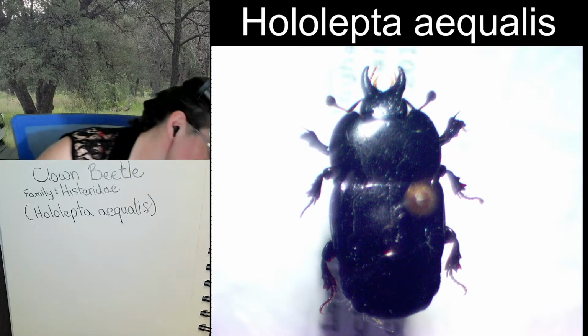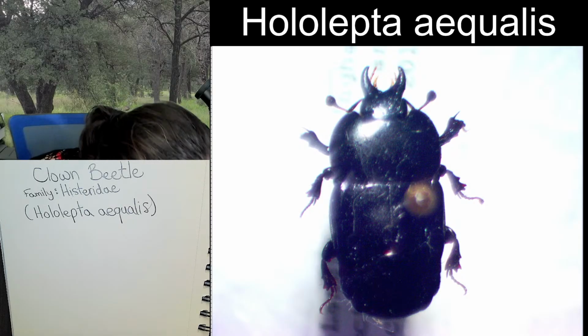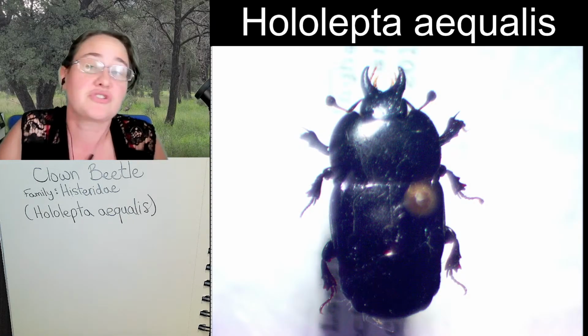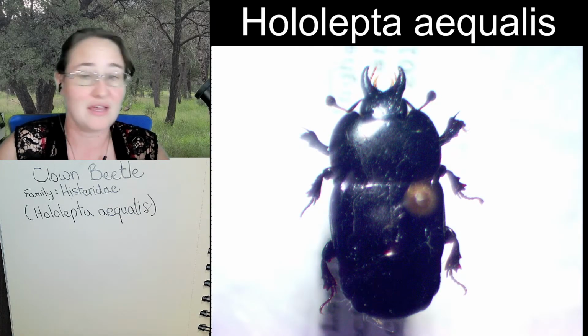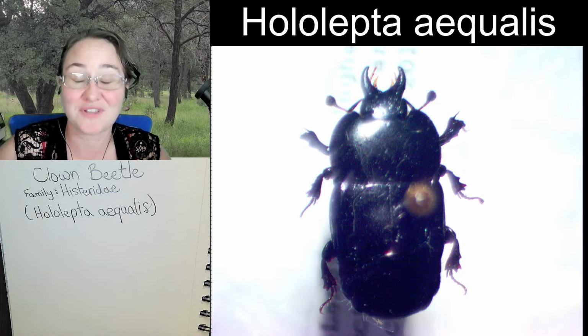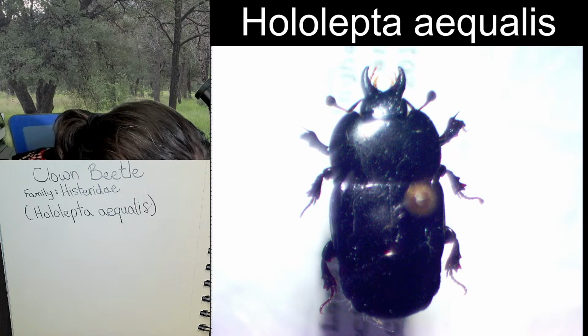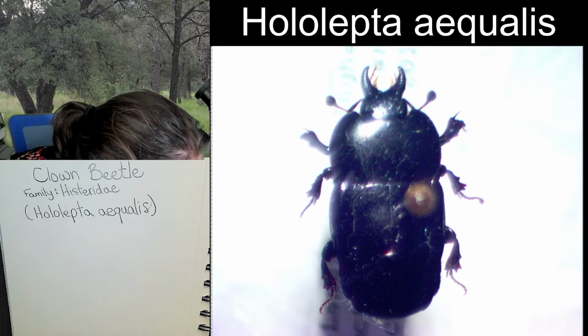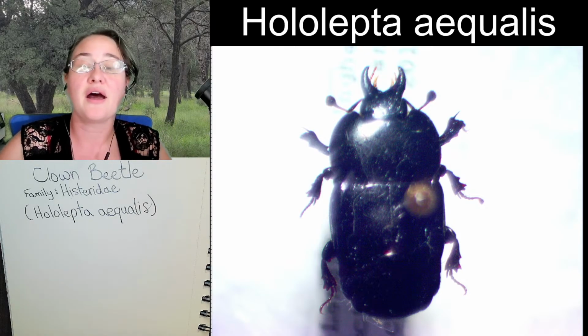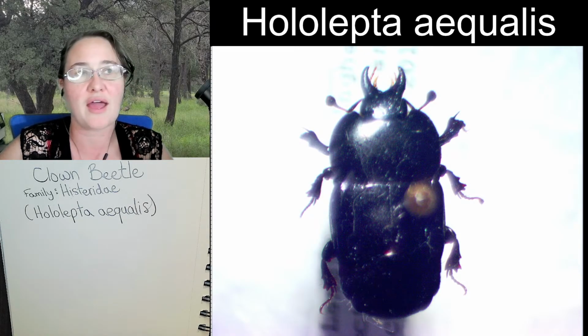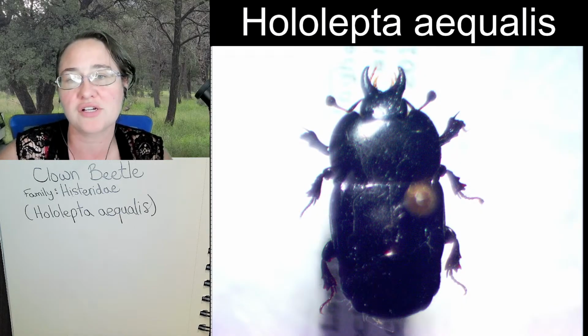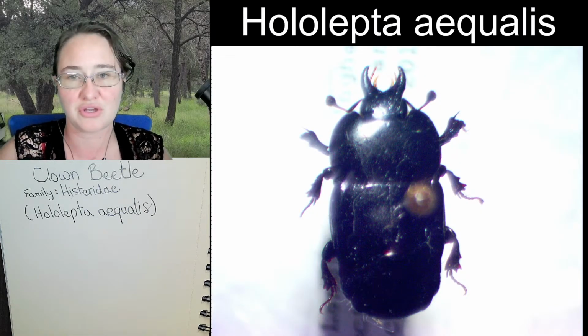I collected this specimen in 2010. So this specimen is 15 years old. It was collected in Lansing, Michigan. I do believe that I pulled it out of a log right next to the Grand River.